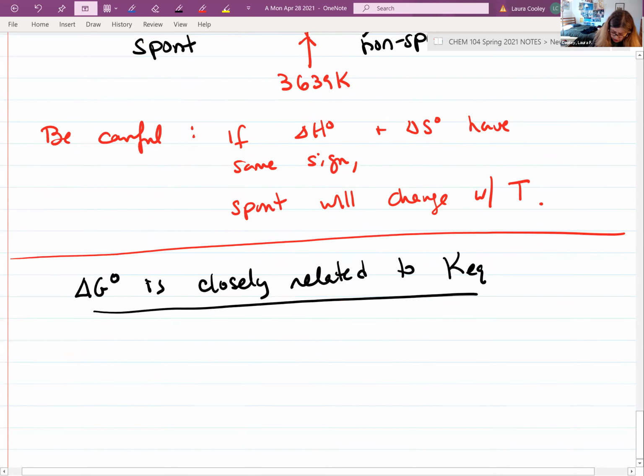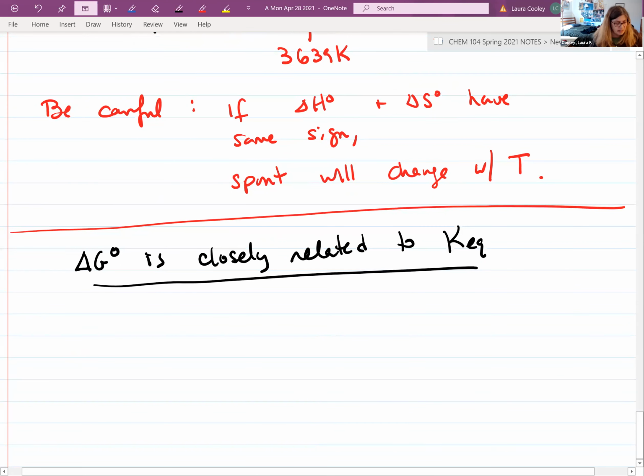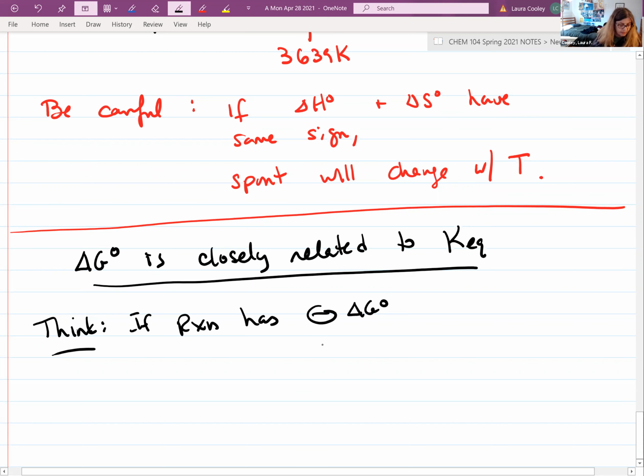So first, I'd like to argue why this would be the case. Why would these be related? If you think about it, if a reaction has a negative delta G0, that means it's spontaneous in the forward direction.